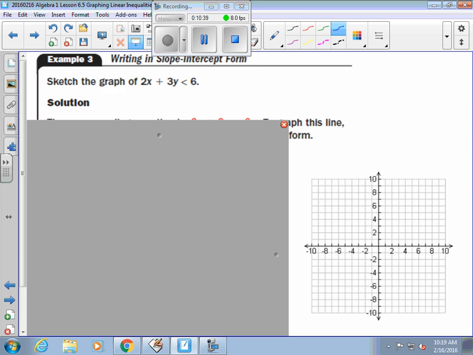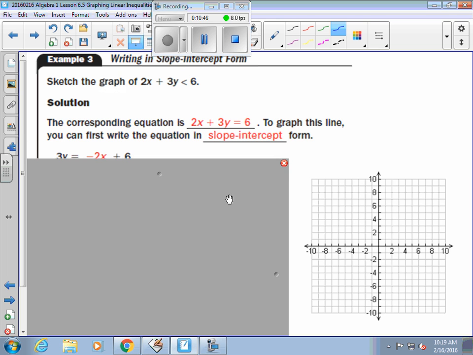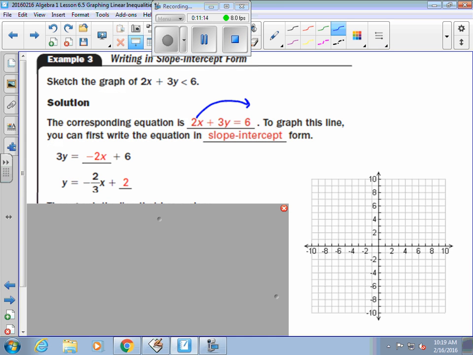For example, number 3, it says sketch 2x plus 3y is less than 6. The first thing you're going to do is create slope-intercept form. Again, you can graph out of standard form by using the intercepts. Totally fine. But if you can't, make slope-intercept form. That's also totally fine. It's just like we did on the bell work. Subtract 2x on both sides, it becomes negative 2x. Then divide by 3.